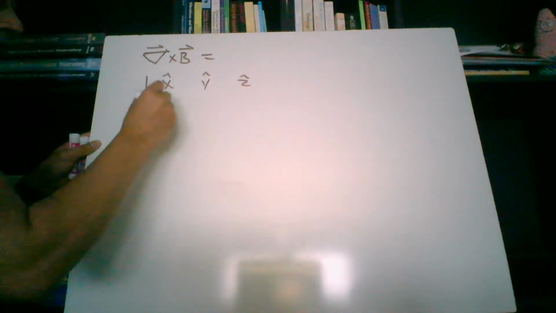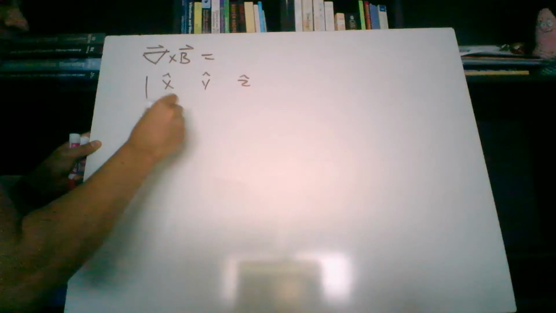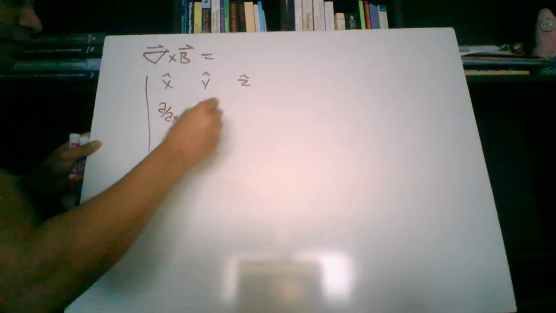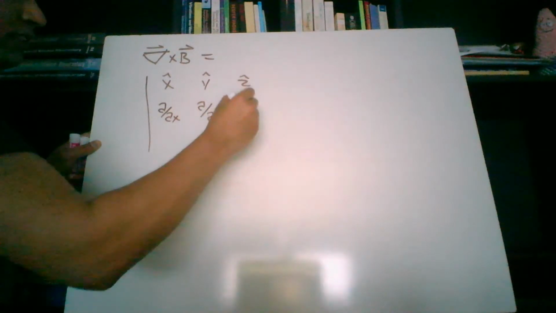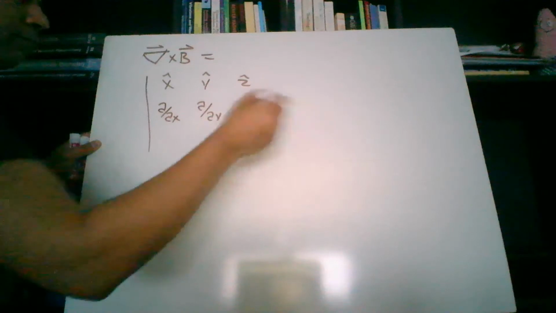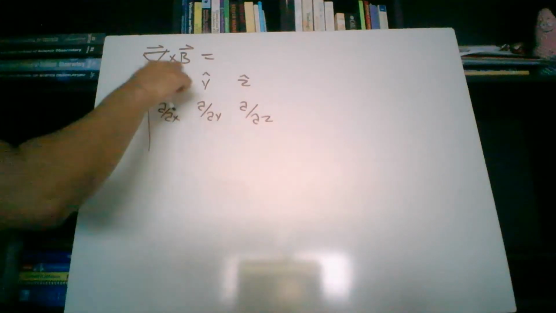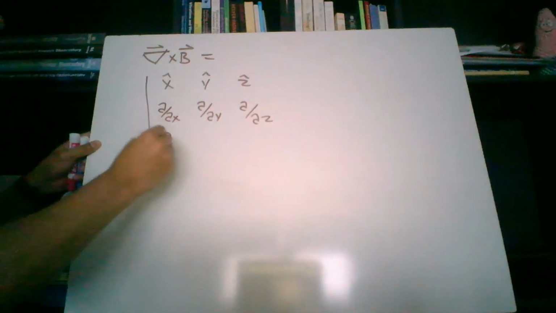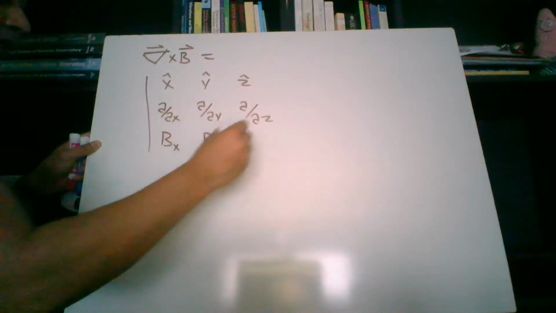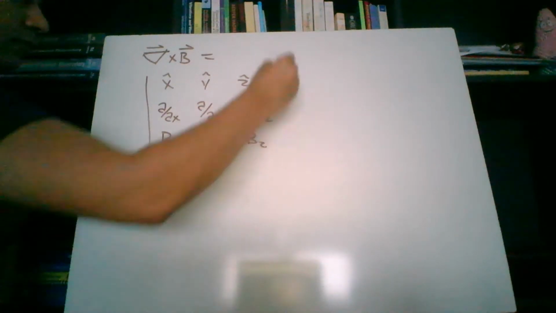So for the first one, it's going to be d/dx. This is going to be d/dy. And this is going to be d/dz. And then over here, we're going to put the B terms. So there'll be a component in the x direction, a component in the y direction, a component in the z direction.